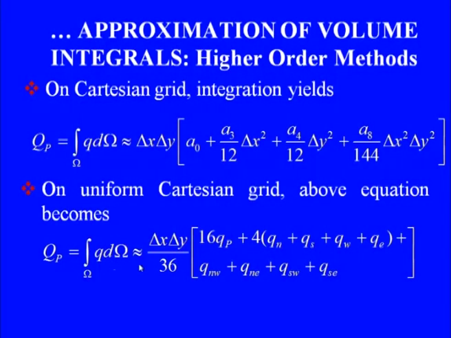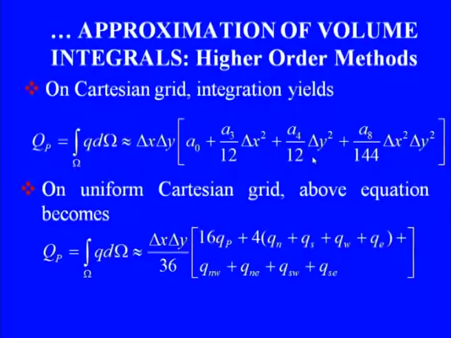So, QP, the integral of q d omega, is approximately equal to delta x delta y by 36 within brackets 16 q at P plus 4 times q at n plus q at s plus q at w plus q at e. So, q small n, small s, small w, small e are the values at face centers, plus q at northwestern corner plus q at northeastern corner plus q at southwestern corner and q at southeastern corner.